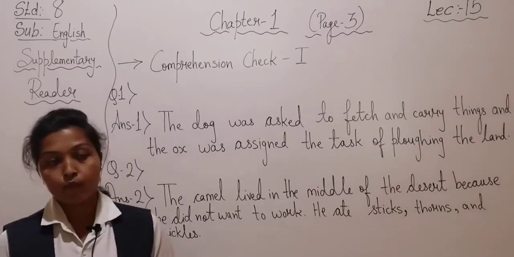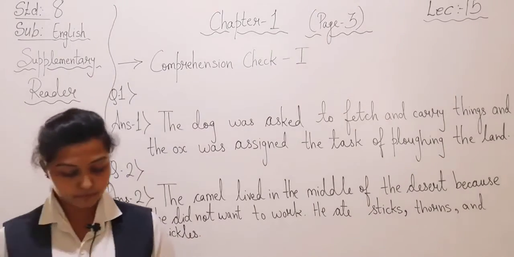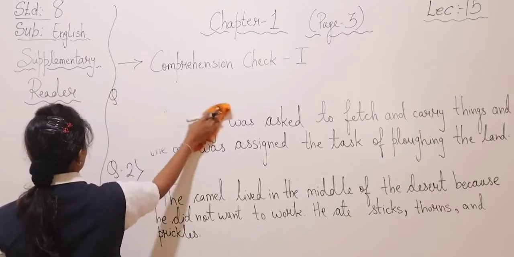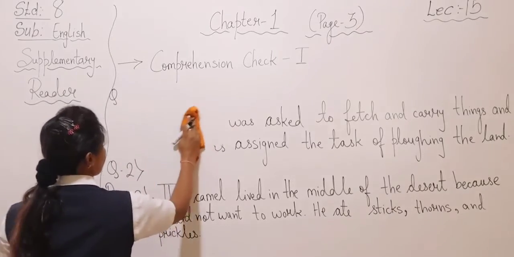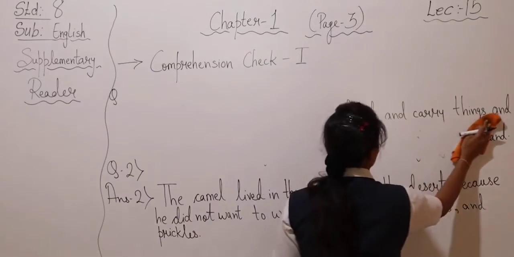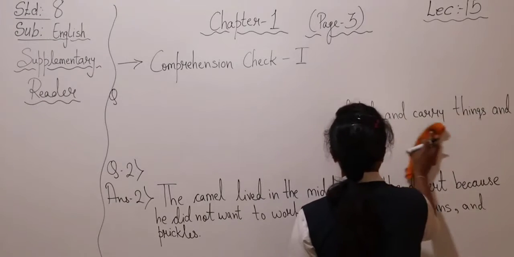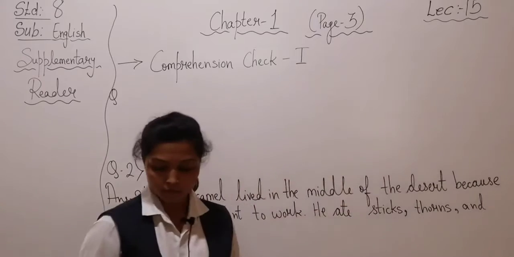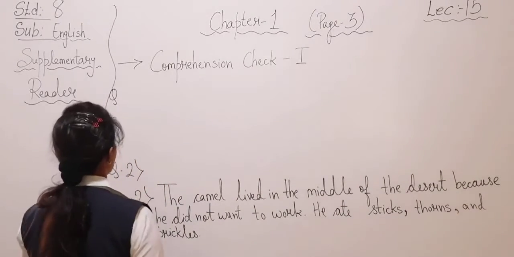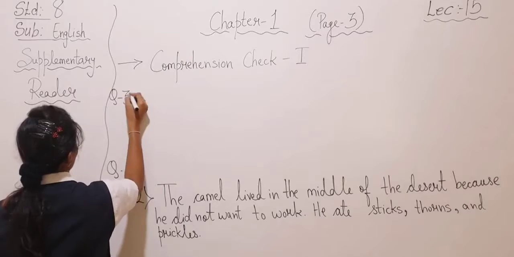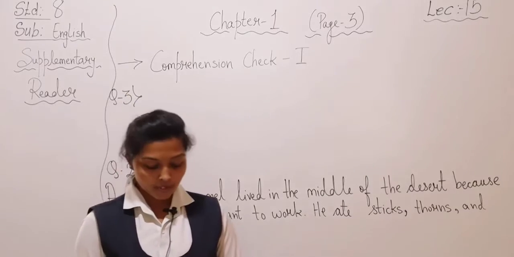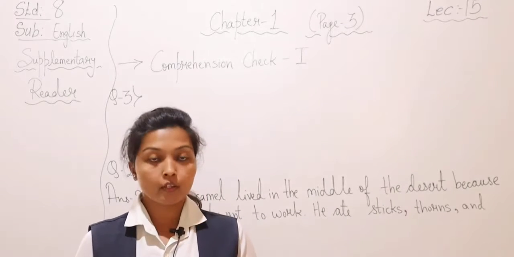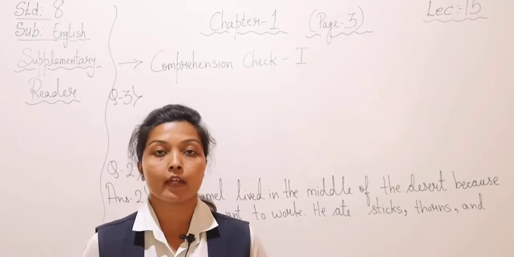Then next one, question 3. Question 3 is: What made the dog, the horse and the ox very angry?